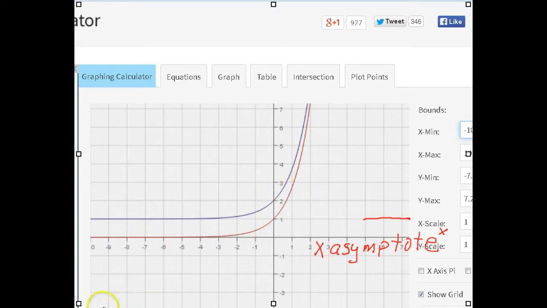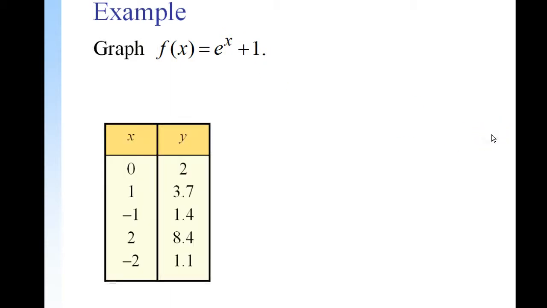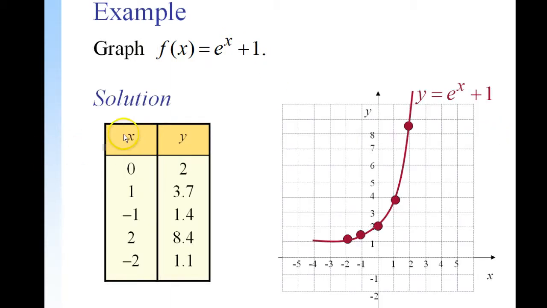Okay. So this is what the PowerPoint is asking. And we get our table, our t-chart. And notice that, again, we are shifting this from what we originally saw up 1 on the y-axis.